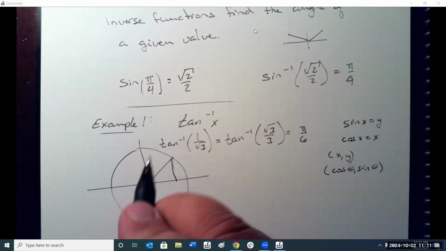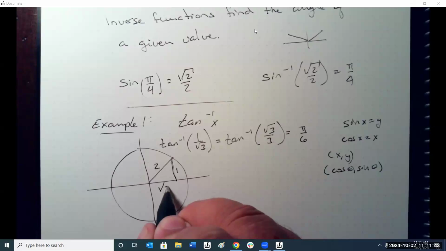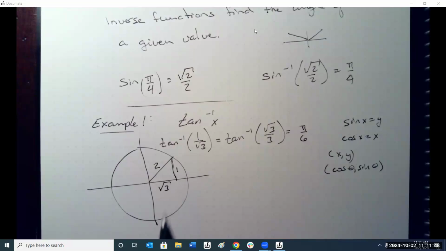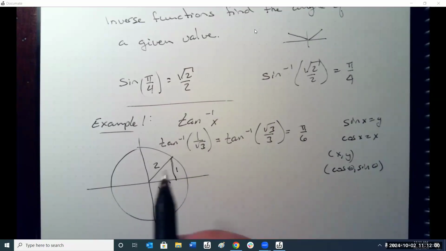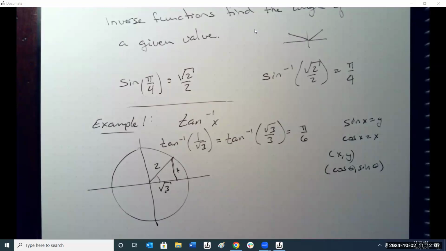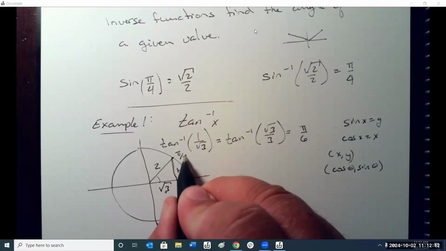So if the radius of this is 2, that's what it says. Remember, tangent is sine over cosine. Sine is opposite over hypotenuse, and cosine is adjacent over hypotenuse. So tangent is opposite over adjacent. Here's the angle, the opposite over adjacent, and that equals pi over 6.